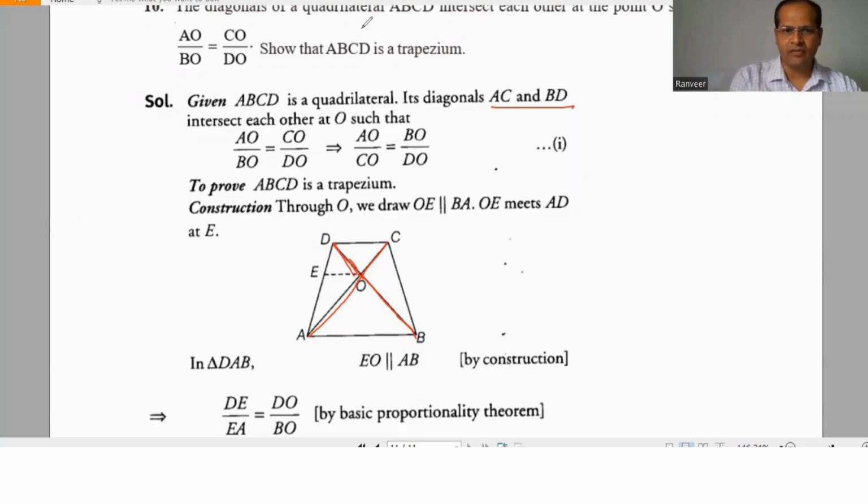In the same line we can take the ratio AO by CO equals DO by BO. This is the first value that we can write. Now we have to prove ABCD is a trapezium.